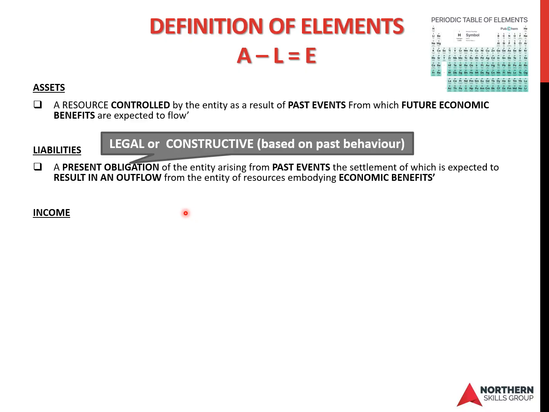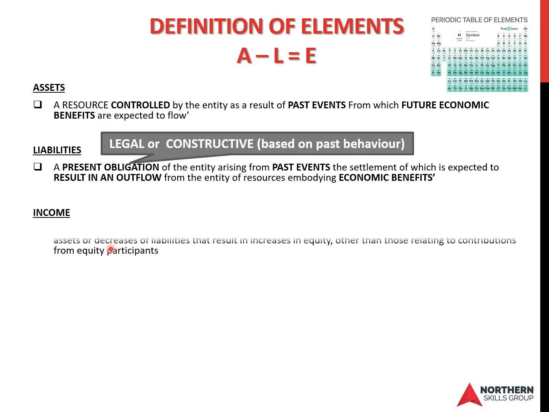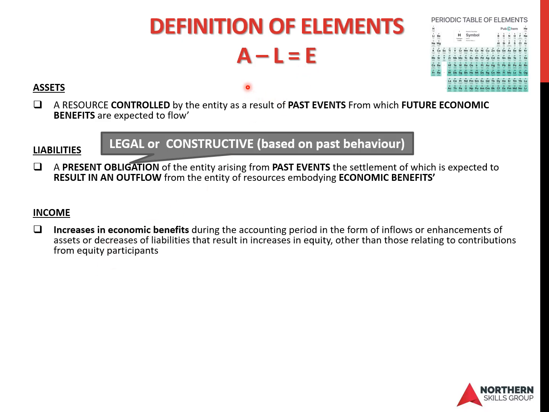We've then got the definitions of income, expenses and equity, and these go back to the accounting equation. And the definition of income is basically saying that if asset values go up or liability values go down, the result is going to be an increase in the equity value.